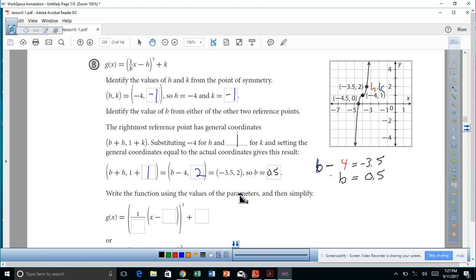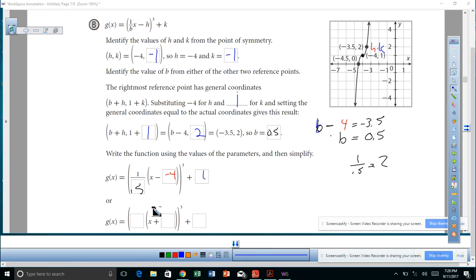So now we know what b is. b is 0.5. Write the function using the values of the parameters and then simplify. So if b is 0.5, that would be 1 over 0.5, which is 2. So we're going to put 1 over 0.5 times x minus -4, and then cubed plus 1.